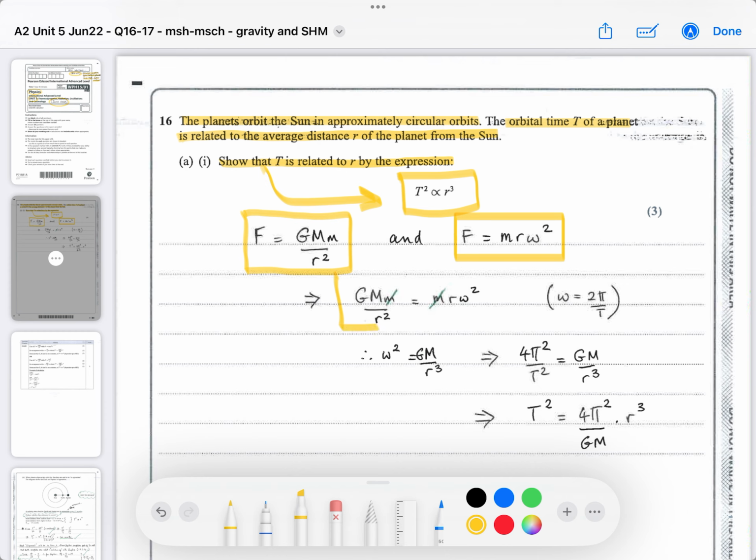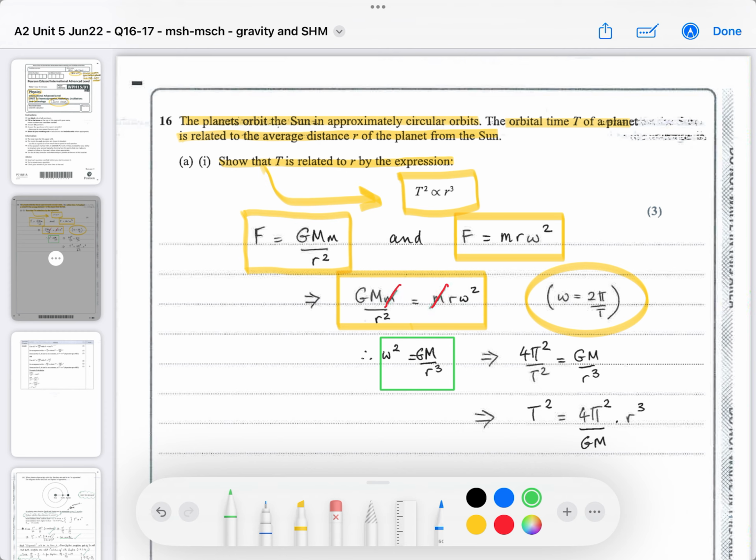You equate these two because the centripetal force is due to Newton's law of gravitation, and numerically that should be equal to m r omega squared, where omega is given by 2 pi over T. Now you can see that the m cancels out, so you can simplify the equation and come up with omega squared equals GM over r cubed.